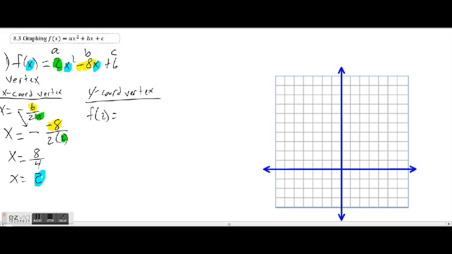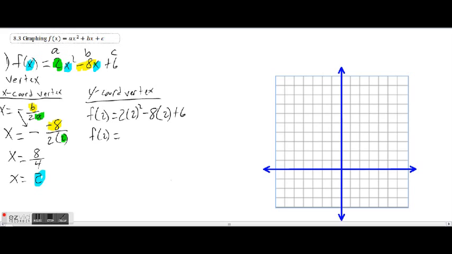So f of 2 is equal to 2 times 2 squared. Keep it in mind, if you're using your calculator, when you substitute, use parentheses, please. Your calculator is very stupid. It'll do calculations instantly, but you have to think for it. So use some parentheses.